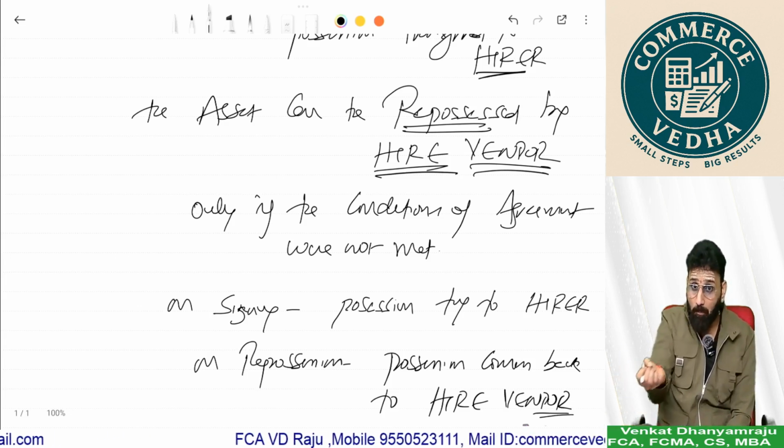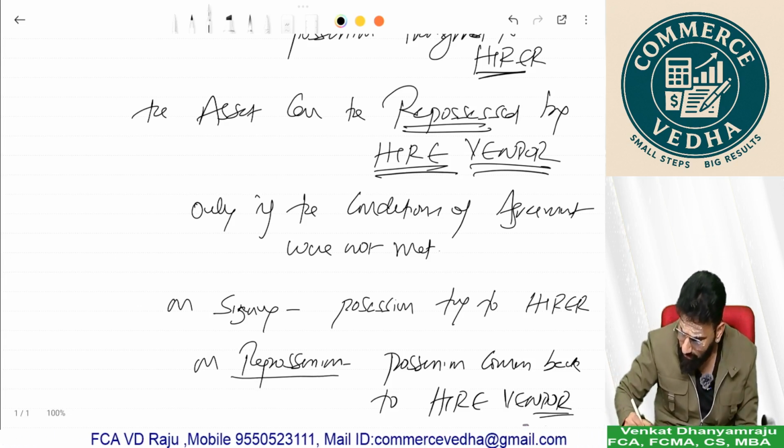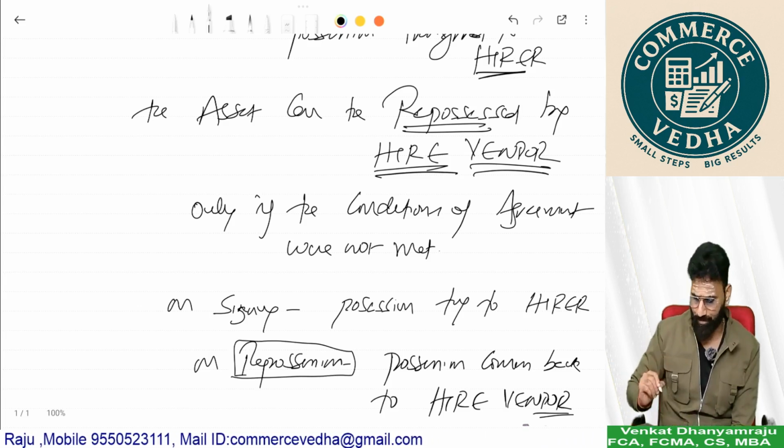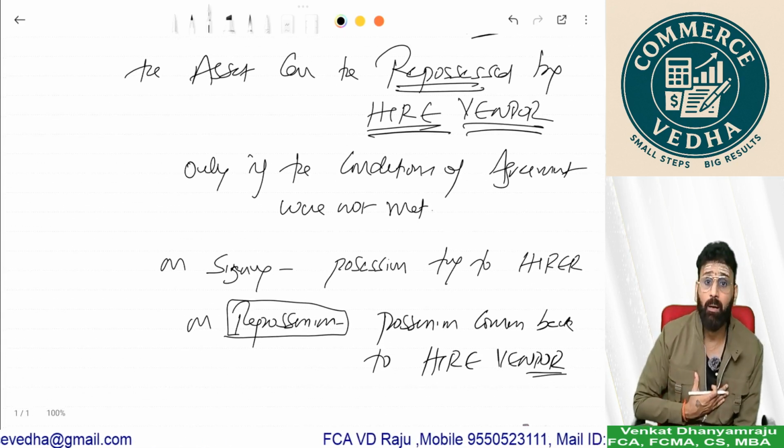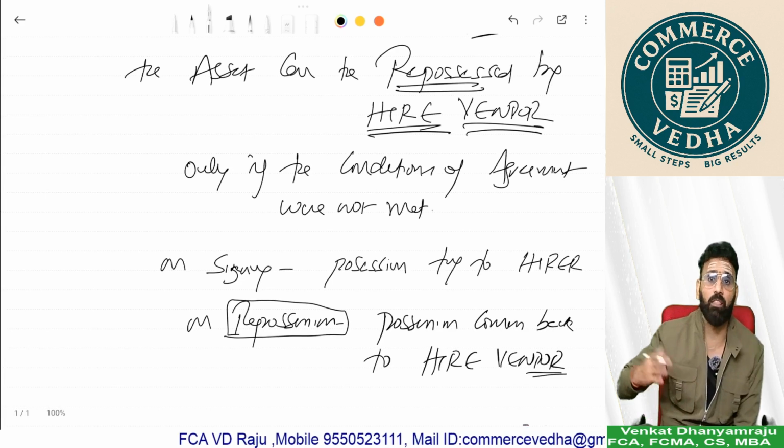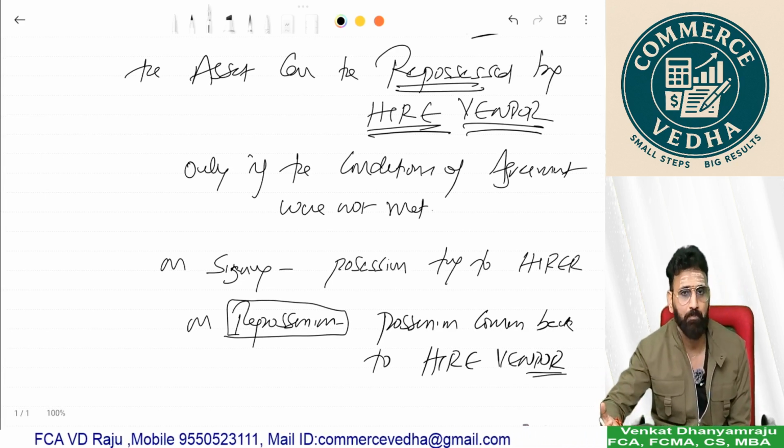So I'm taking back. That's why I'm calling it as repossession. Repossess the goods. For the buyer it is asset, but for the vendor it is stock, because I'm selling my goods.